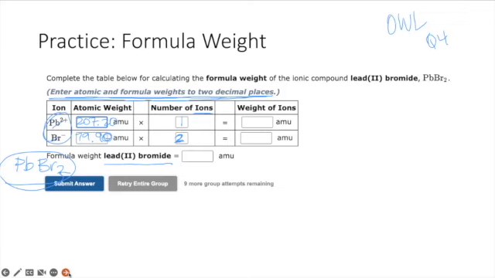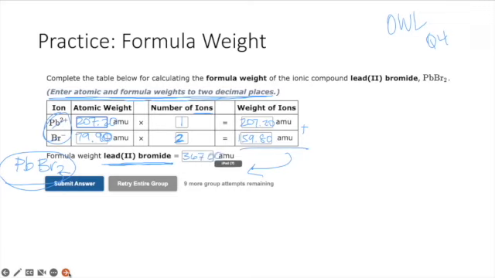So then it wants you to do the math systematically here. And then to get the formula weight of the entire compound, we'll add these two together. So this was another problem I was running into.